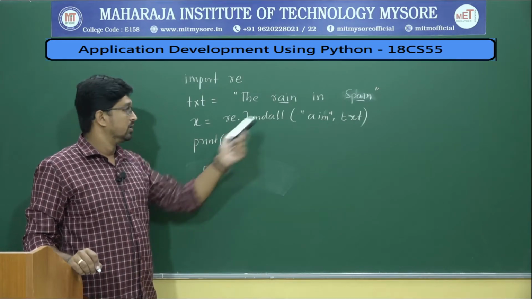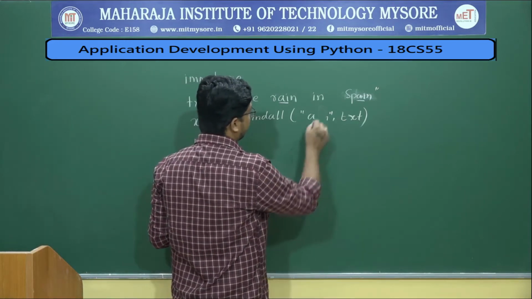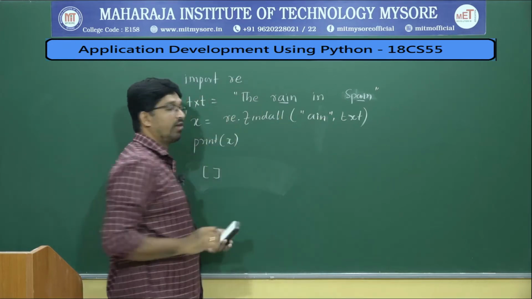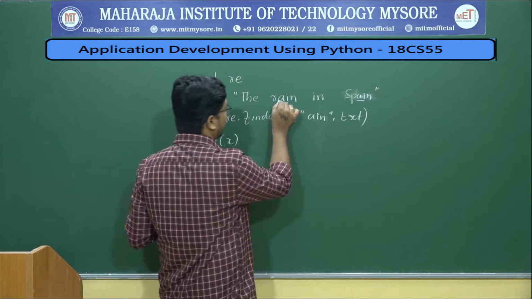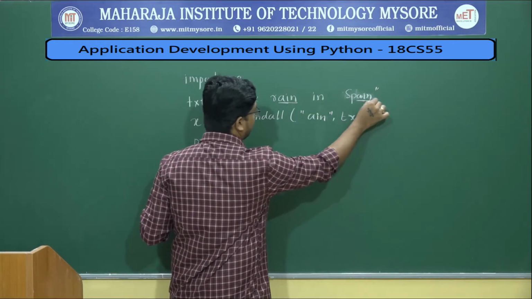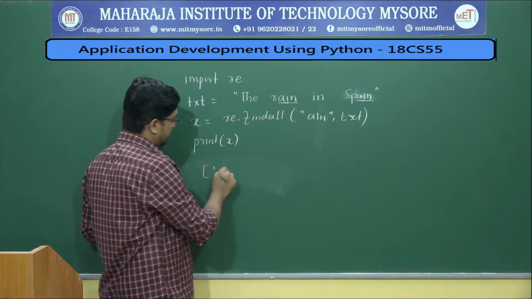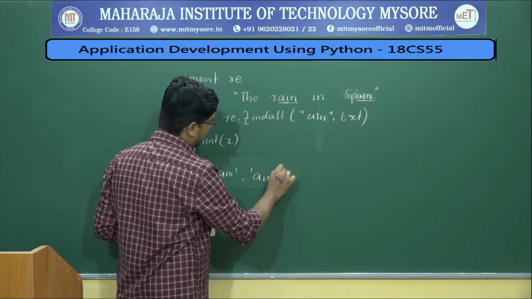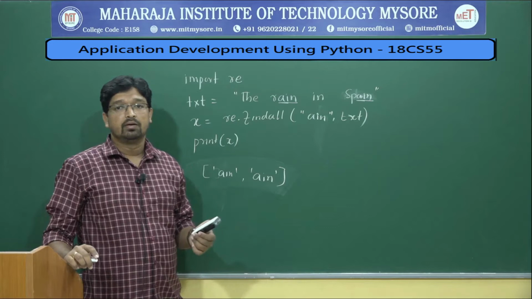In the same way, if you try to search "ain", can you find it? Yes, we have "ain" and a second "ain". So your output will be a list with "ain", "ain". This is how the findall method works.